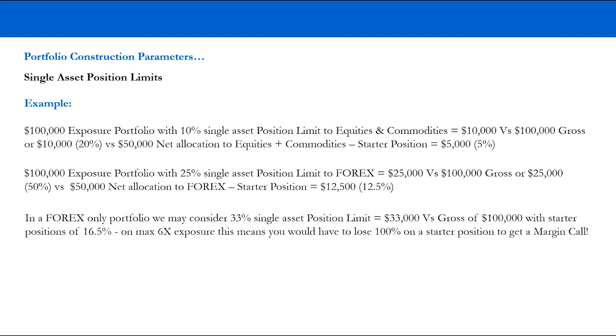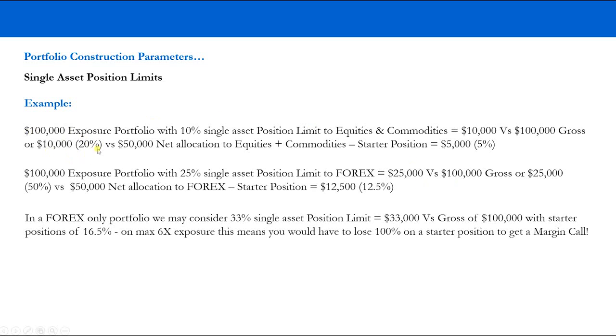So, for example, in step 1, we had the $100,000 exposure portfolio, and that was split equally, $50,000 or 50%, to an equities and commodities portion in the portfolio and a Forex portion. So in the equities and commodities portion, if we put a 10% single asset position limit on any one stock, so equity or commodity, we would basically have a $10,000 limit whilst we had gross exposure of $100,000.